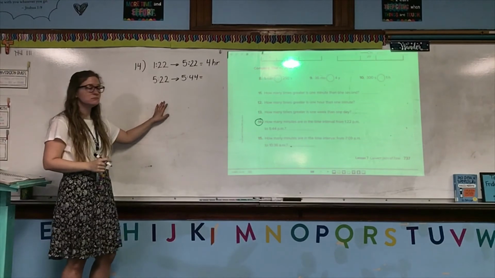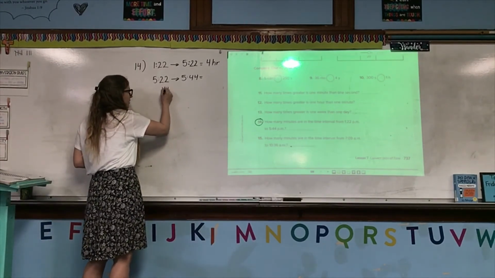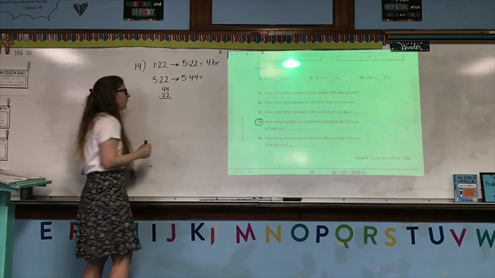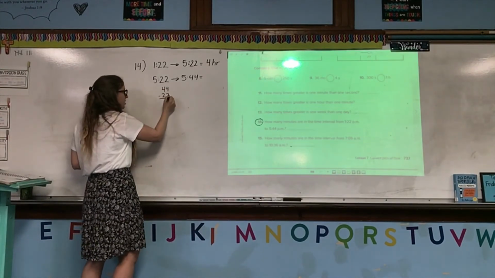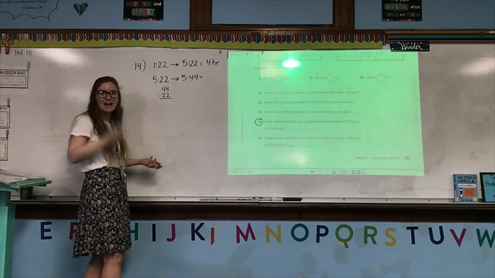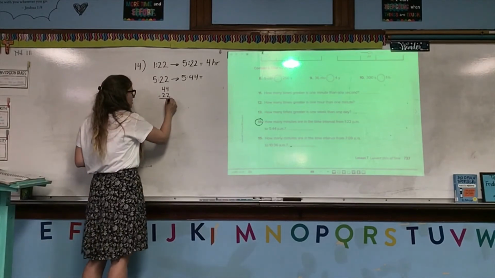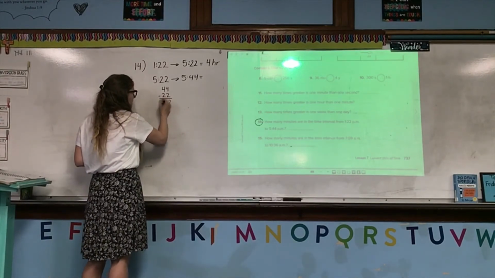To do that, I just subtract 22 from 44. The reason I did that was because 44 is just bigger than 22. So I just subtract the minutes, and I just always have to start with the larger minutes. 4 minus 2 is 2, 4 minus 2 is 2.